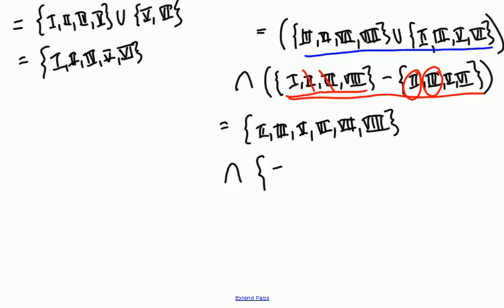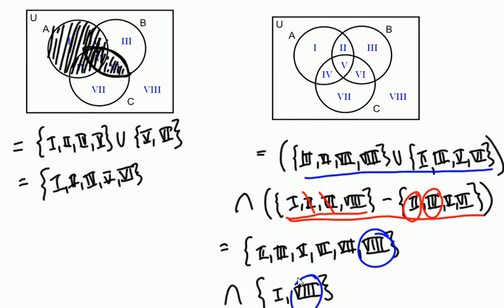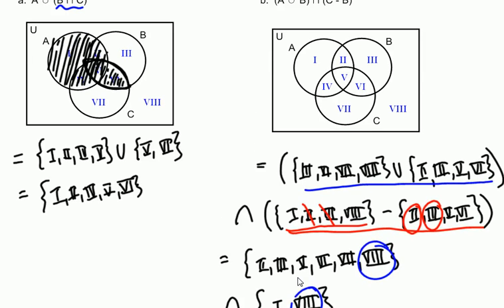So this gets intersected with 1, 8. Okay. And then the intersection, the only thing that shows up in both of these sets is 8. Okay? So the final answer here for this shaded region is just everything outside of all three circles.